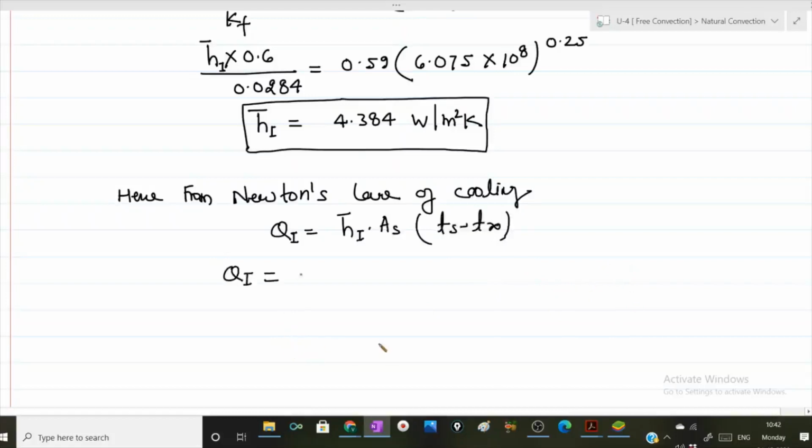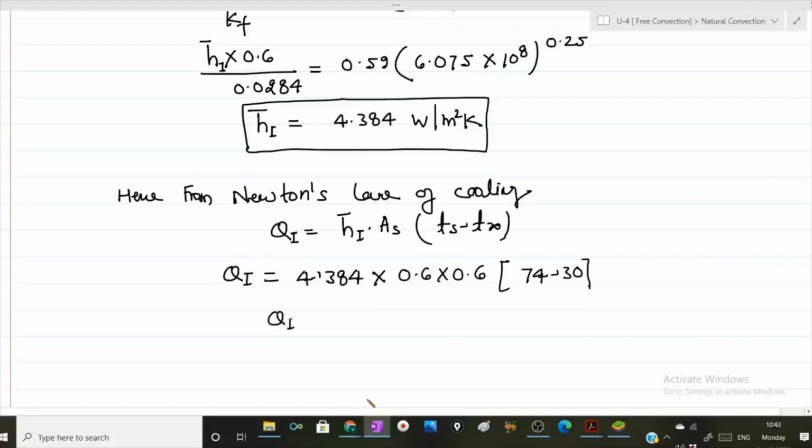So Q1 is 4.384, surface area of one side is 0.6 by 0.6 because only one surface is losing heat, another is insulated, and temperature difference is 74 minus 30.